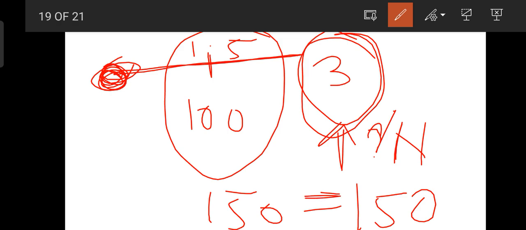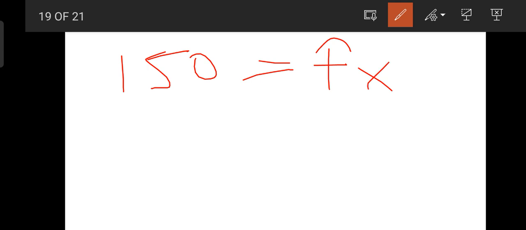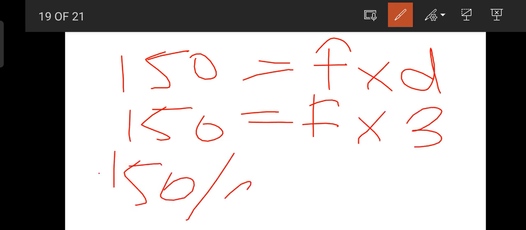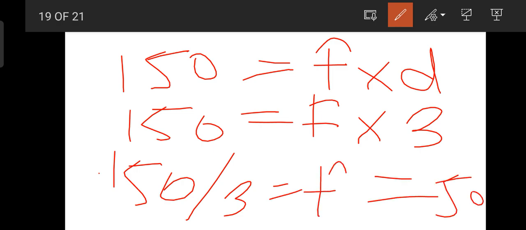You have studied that if this is 150, this will also be 150, so 150 is equal to F into D. So 150 is equal to F into 3 meter. So 150 divided by 3 meter is equal to F, which is 50 Newton.